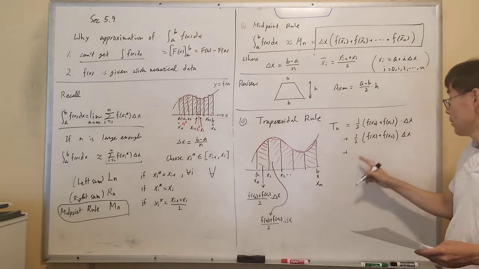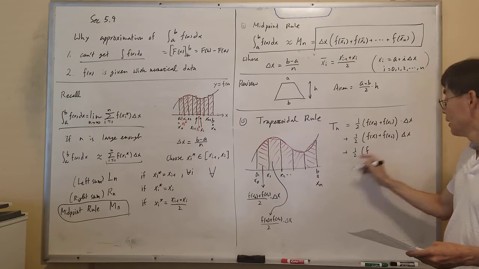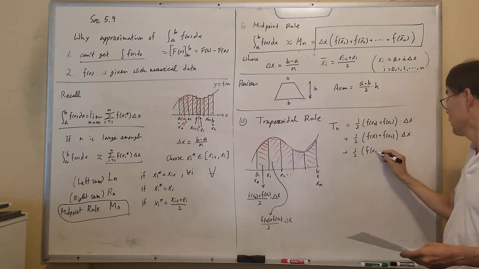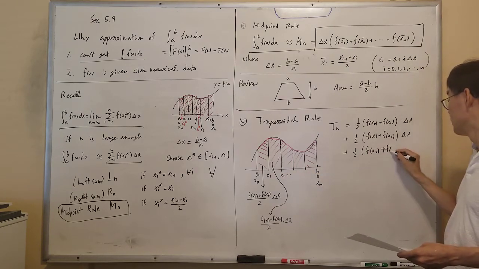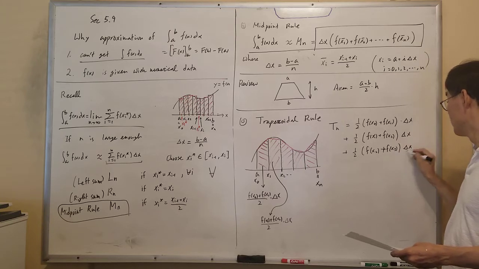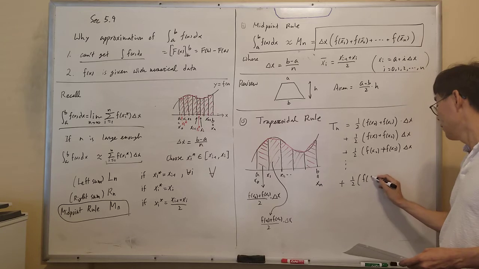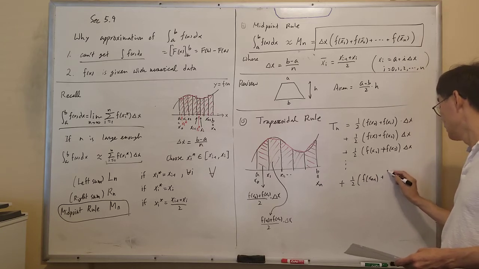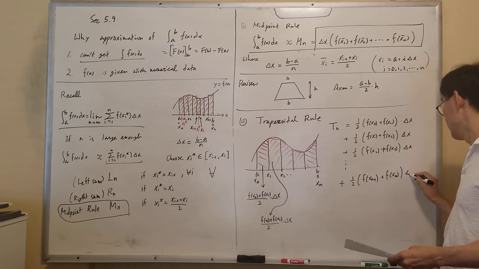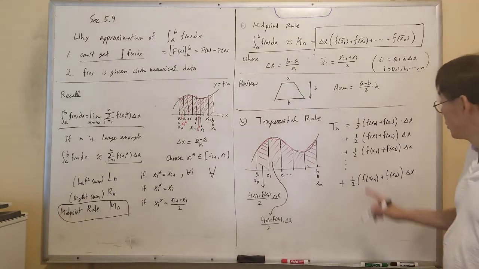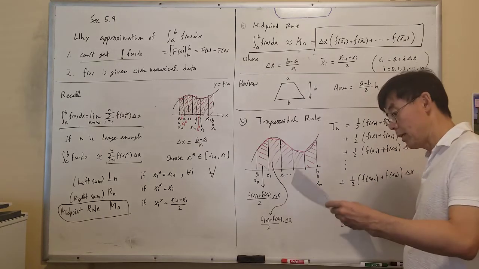The third trapezoid will be x2 and x3, right? All the way to the last one: f of xn minus 1 plus f of xn, delta x. So if you add them up, what do you get?